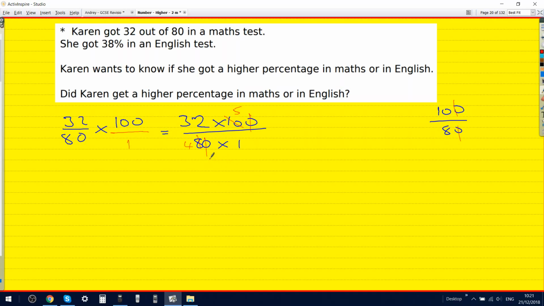So yeah, so could you do 8 and 1? Yeah. And then are you just left with 40 over 1? Yeah. And what's that? 40%. So yeah, that's 40%, isn't it? Yeah. And so she got a high percentage in maths. That's it.